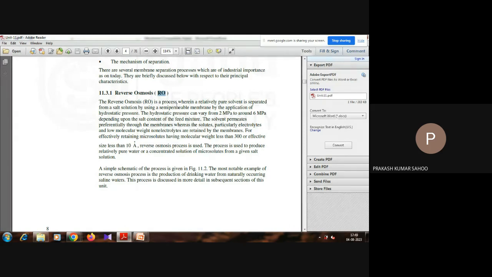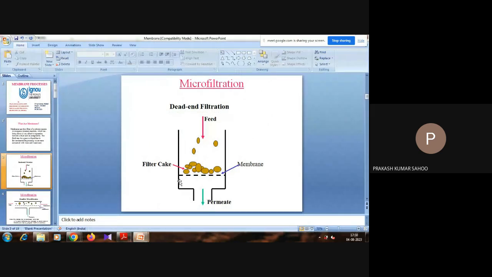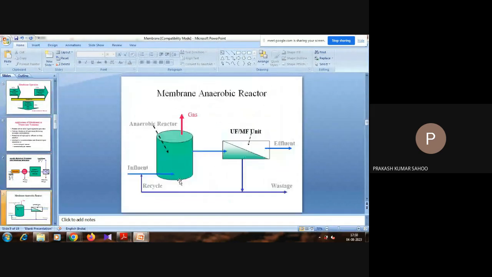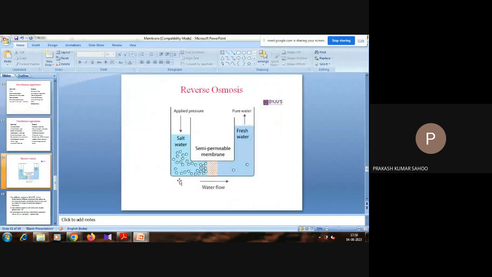So this RO stands for reverse osmosis. So in reverse osmosis, what happened? Just see this one. This is known as reverse osmosis.